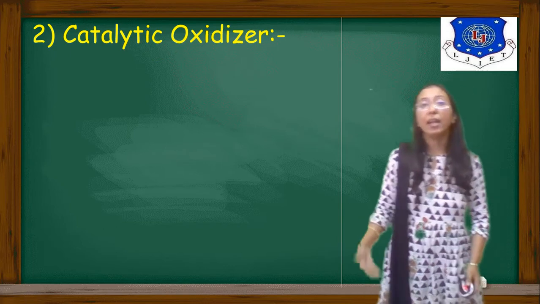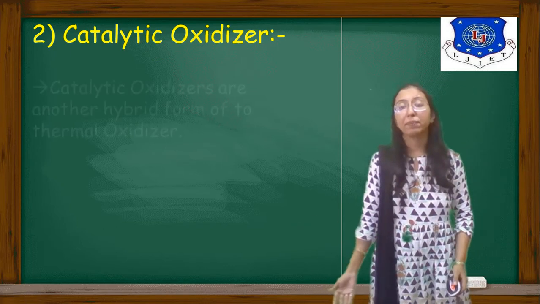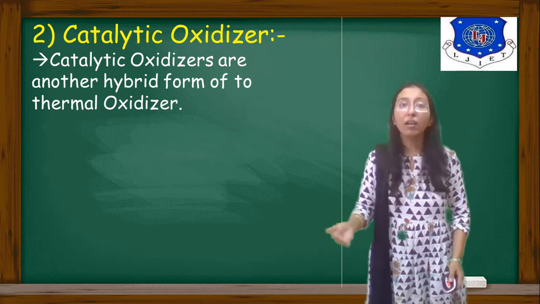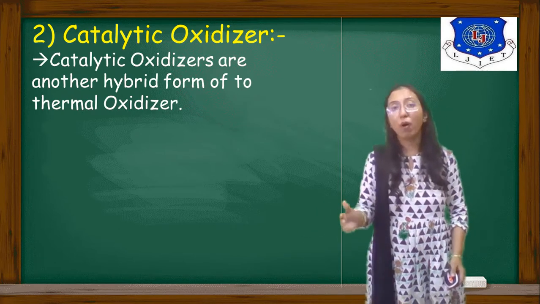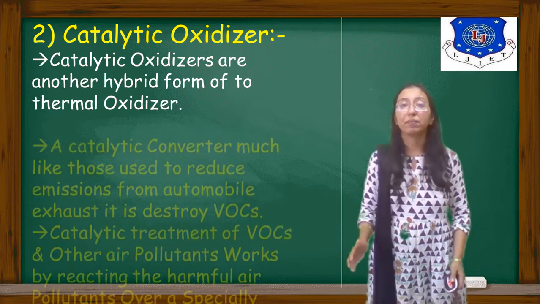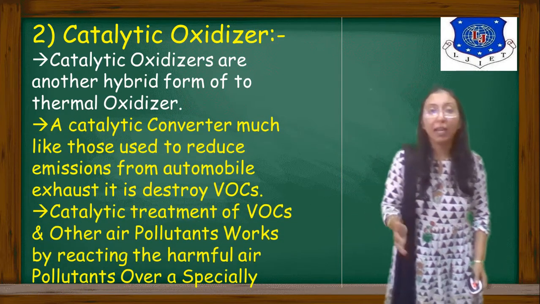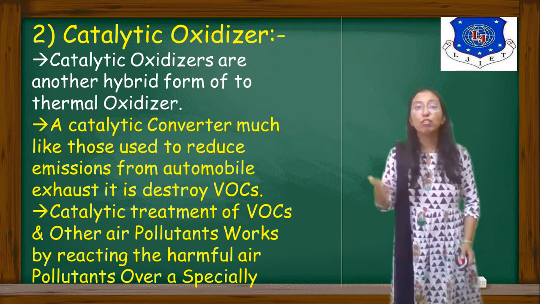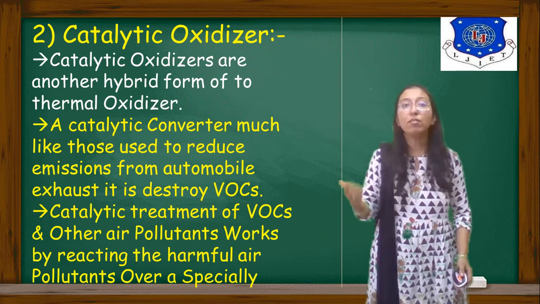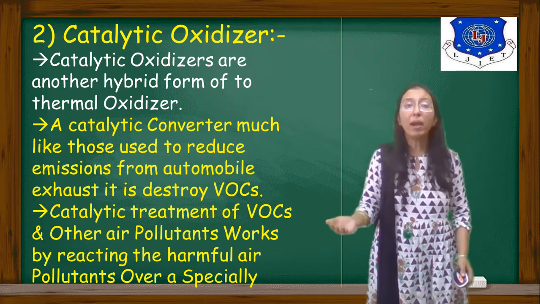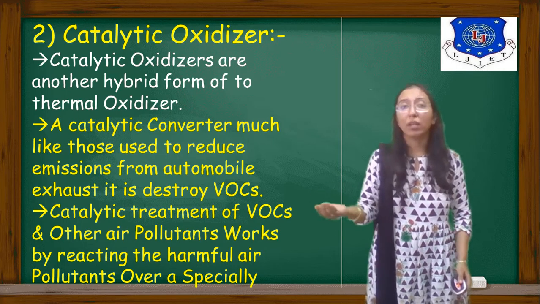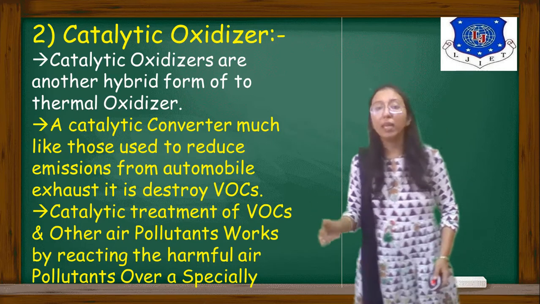Next, catalytic oxidizer. Catalytic oxidizers are another hybrid form of thermal oxidizer. A catalytic converter, much like those used to reduce emissions from automobile exhaust, destroys volatile organic compounds.